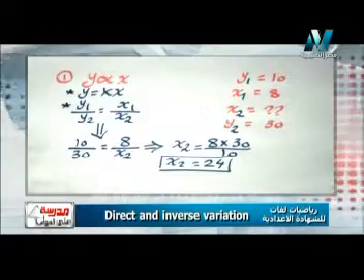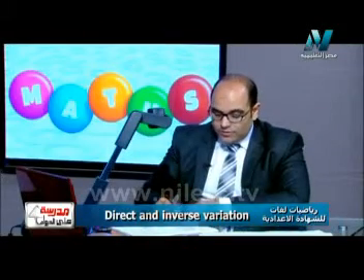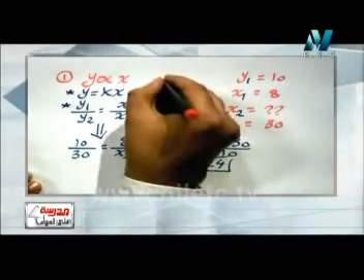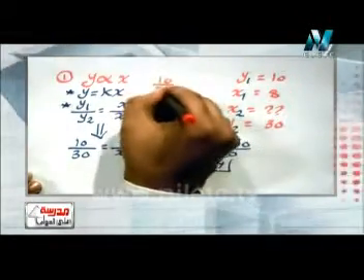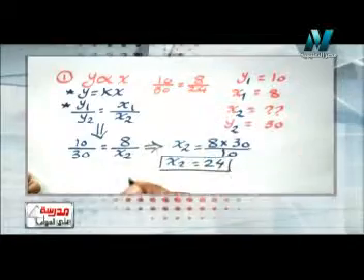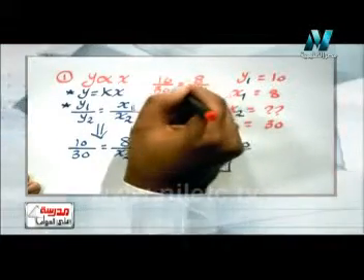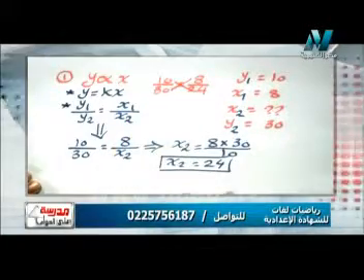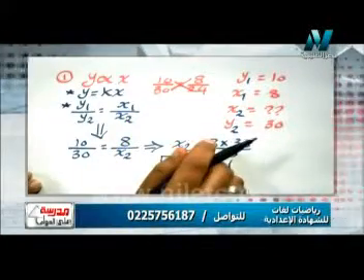I'll check 10 over 30 equals 8 over 24. You can make cross multiplying: 30 times 8 and 10 times 24. The answer will be the same.